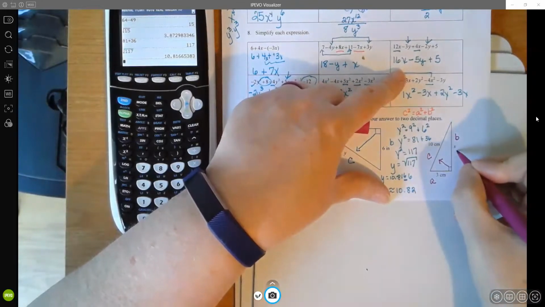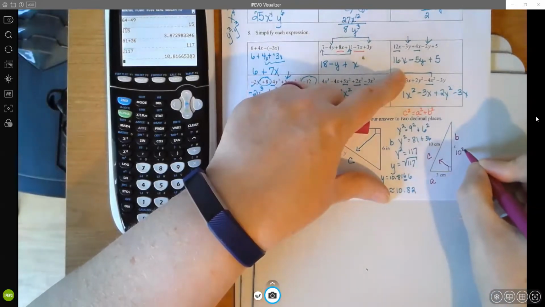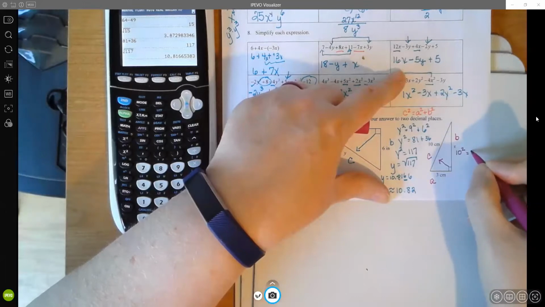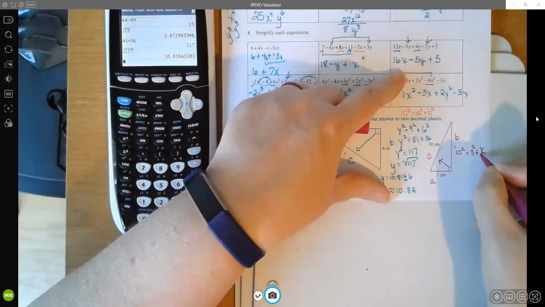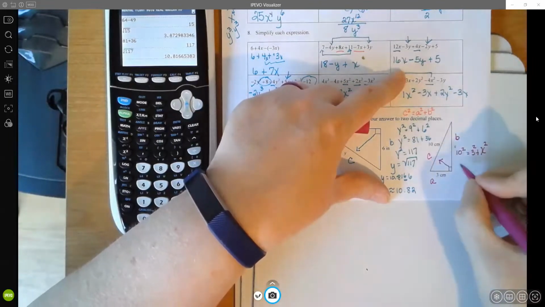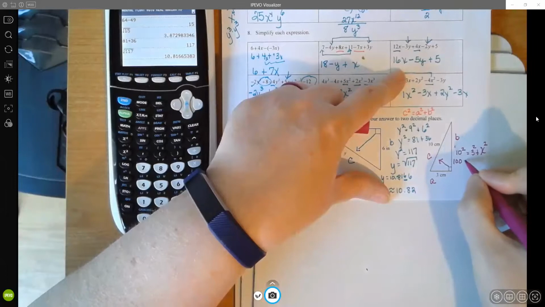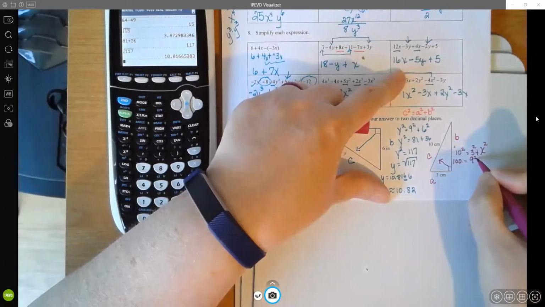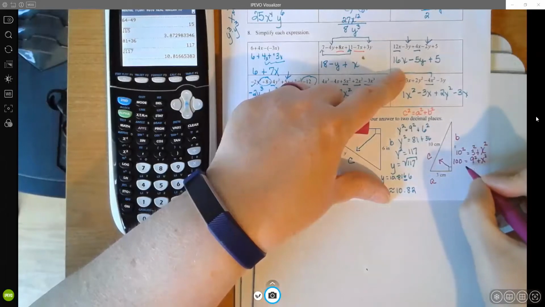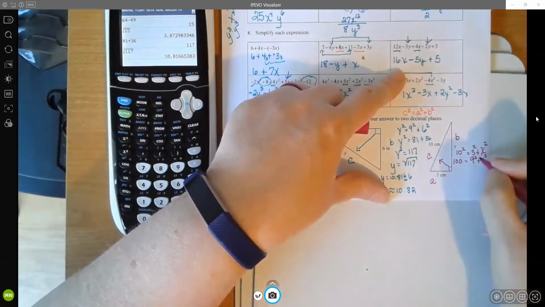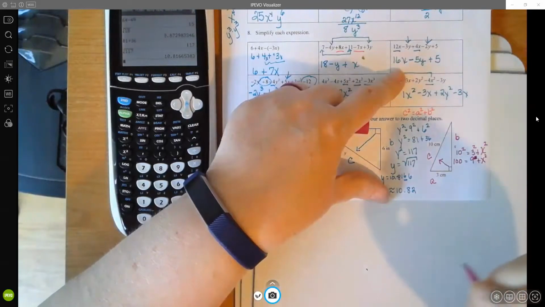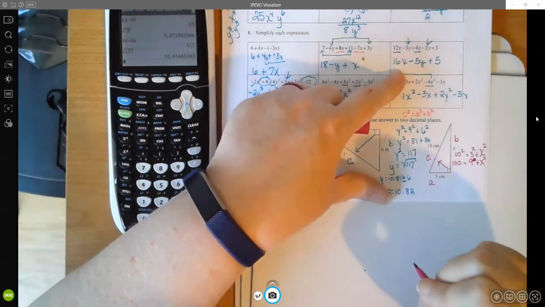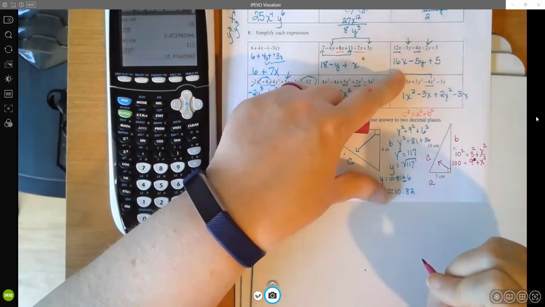So in this case, I'm going to get 10 squared equals 3 squared plus x squared. 10 squared is 100 equals 9 plus x squared. Why did I write a squared? I already squared 3 and got 9. That should just be a plain 9.